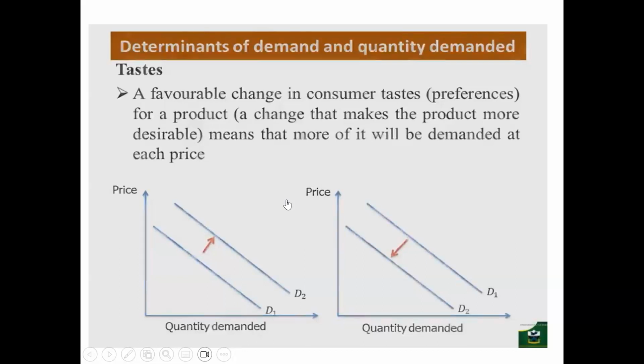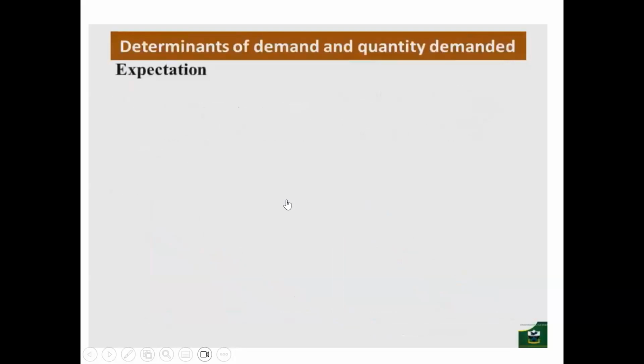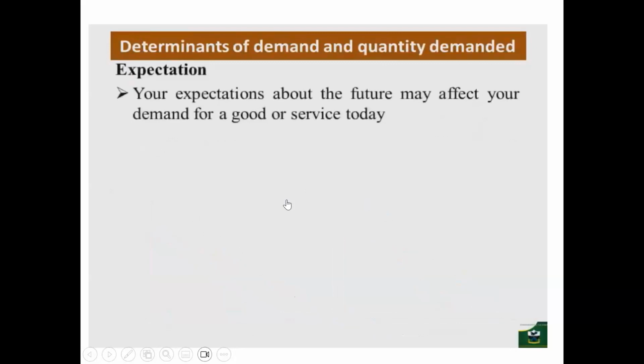We also have expectation as a determinant of demand. With expectations, your expectations about the future may affect your demand for a good or service today. Suppose you expect that the price of, say, mini meal will increase tomorrow.